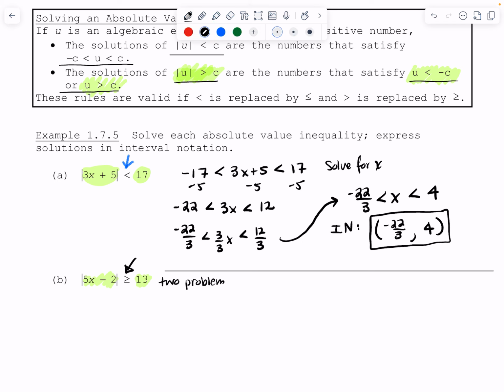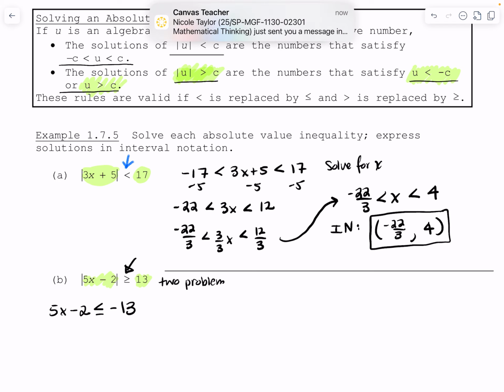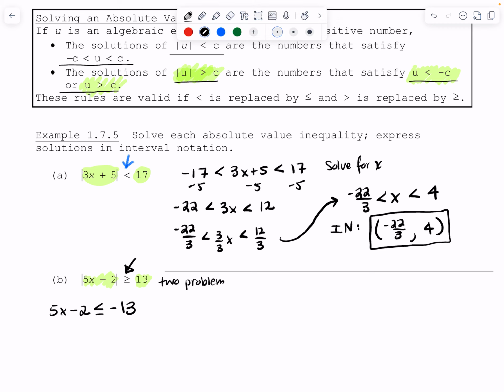So u, which would be the 5x minus 2, is less than or equal to the constant, which is 13. And remember, I have to make it negative. So there's one. And then the other one's going to look exactly like what the problem says. So I have to solve both.